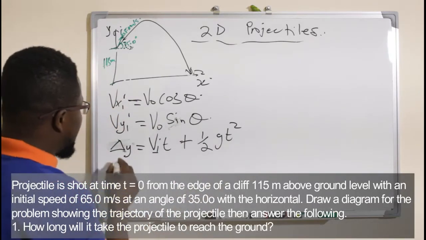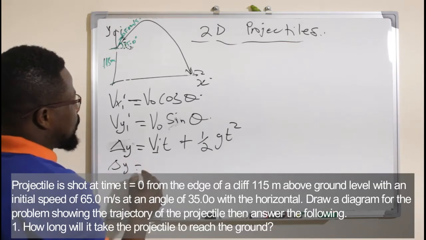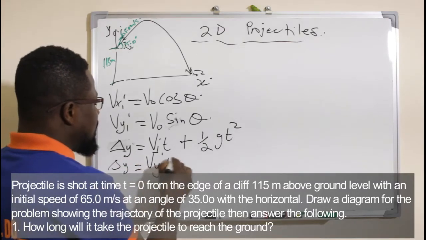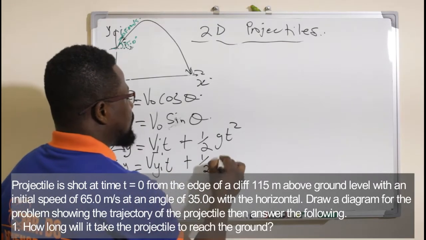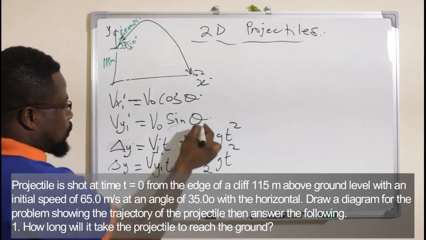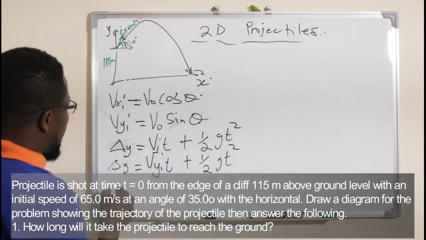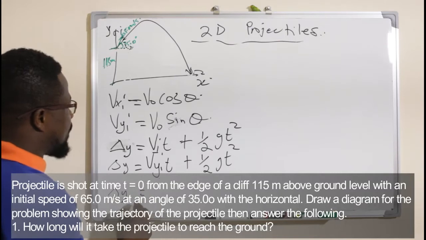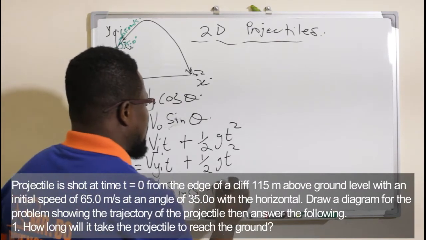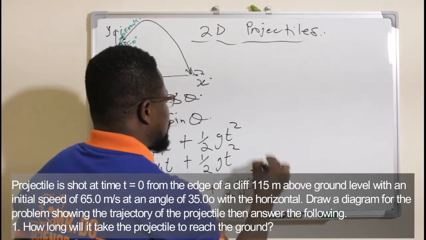This will simply become change in y equals v_yi t plus half g t squared. And what is the v_yi? It is v naught sine theta. So this becomes v naught sine theta t plus half g t squared.